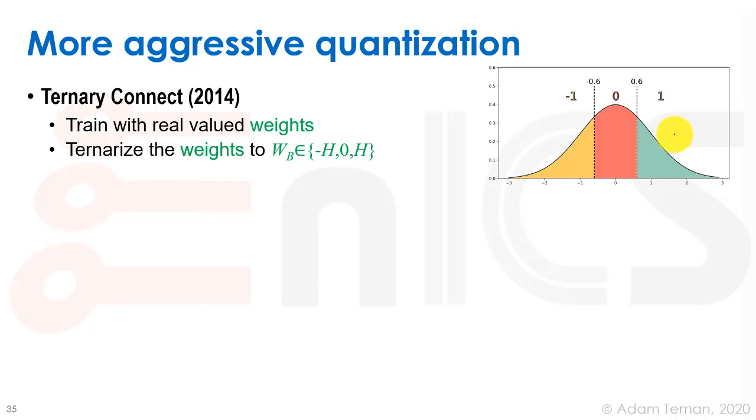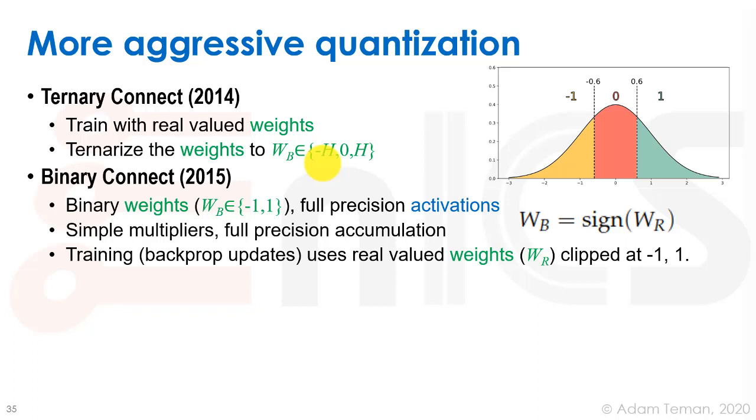We train with real valued weights. We ternarize the weights to the set that includes 0 and some positive and negative weighted factor. So it's not necessarily -1 and 1. It can be -h and h. So that's ternary connect, and different results have been shown on different data sets.